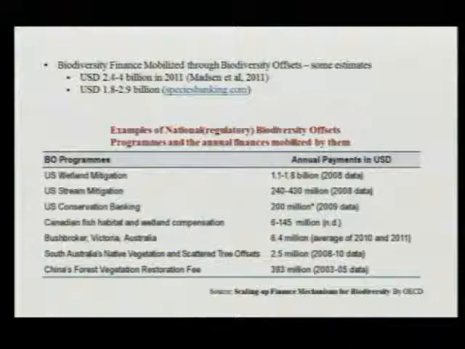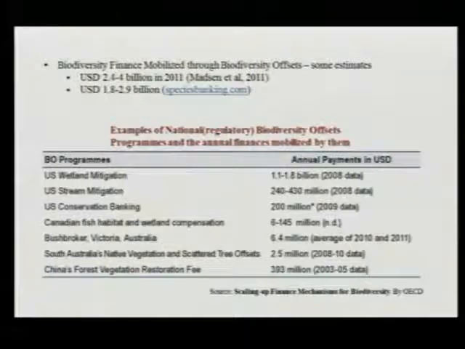Now, biodiversity offsets are one of the 6 innovative financial mechanisms that have been identified by the CBD, and incidentally they are also a mechanism that allows mobilization of private sector finance, because as we've seen, public sector finance is really falling short of what we require. So, have biodiversity offsets been successful in mobilizing private sector finance across the globe?